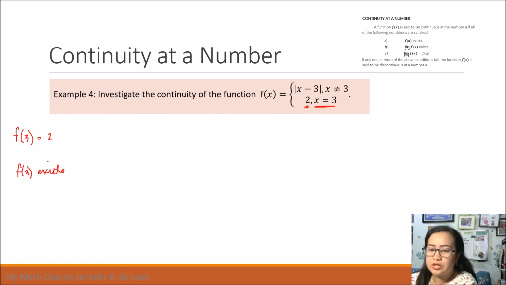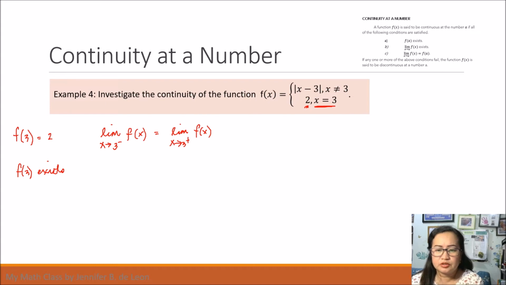Now, we evaluate the limit of f of x as x approaches 3 from the left, equal to the limit of f of x as x approaches 3 from the right. Then we will have the absolute value of 3 minus 3 equal to the absolute value of 3 minus 3.